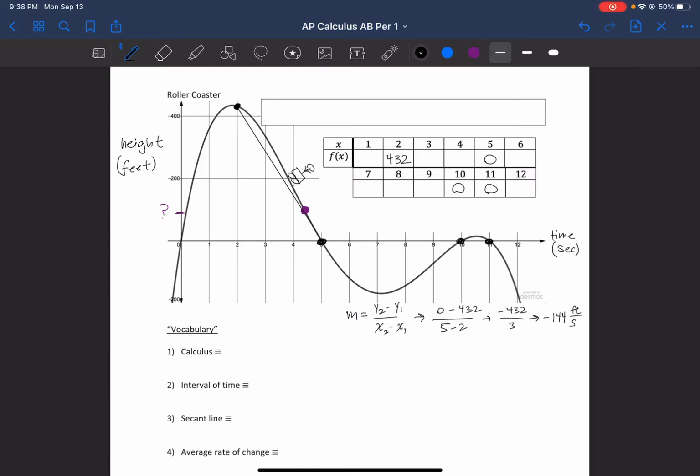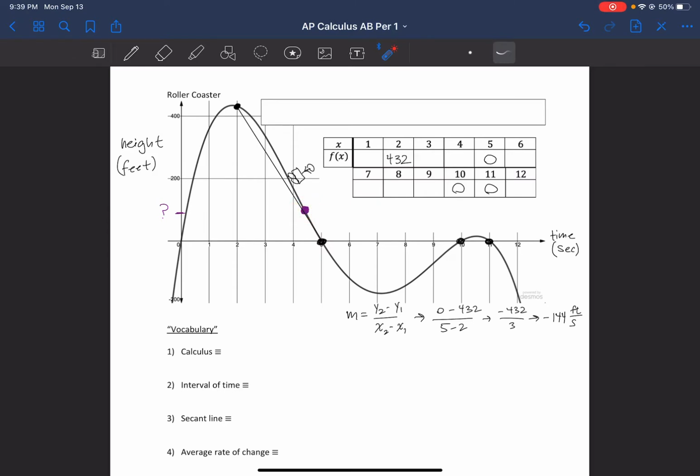So the slope of that line is negative 144. That means this roller coaster is traveling about negative 144 feet per second velocity-wise. That's a good approximation of the speed, or velocity.